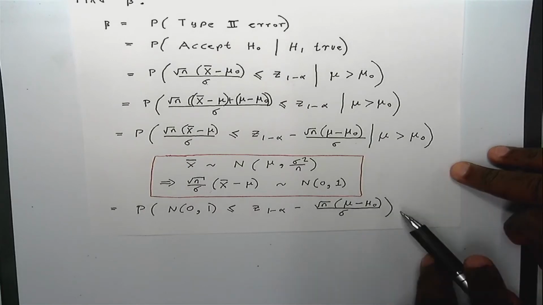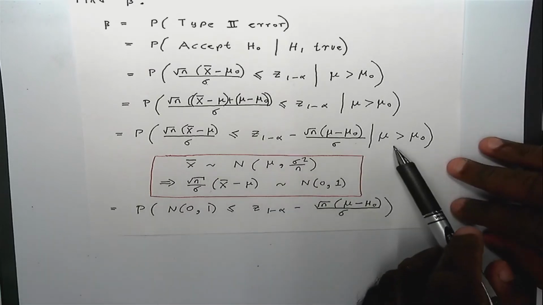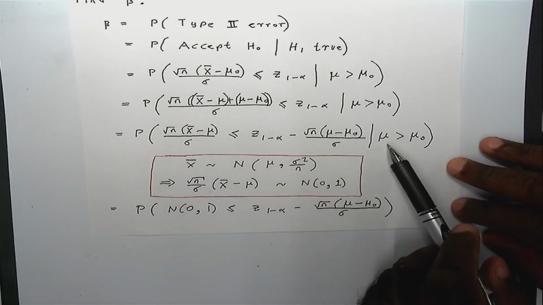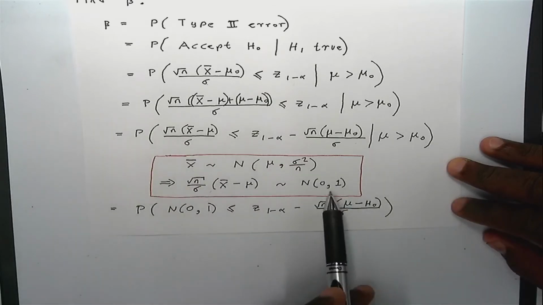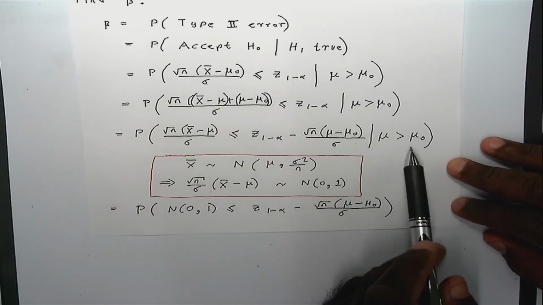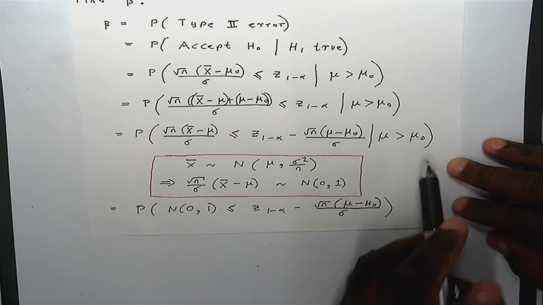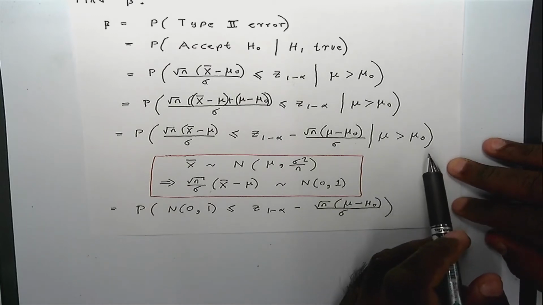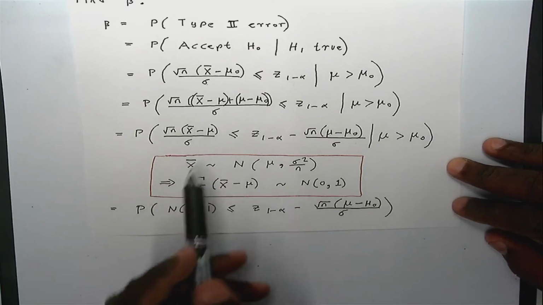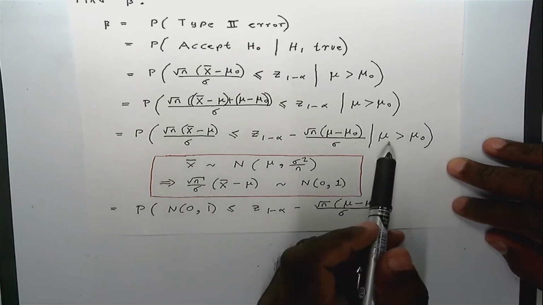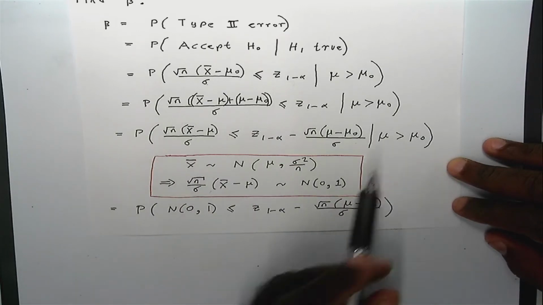I removed the conditioning because, conditional on the true population mean mu being greater than mu 0, this has a standard normal distribution. So we have made use of the conditioning, and hence it's not needed anymore.